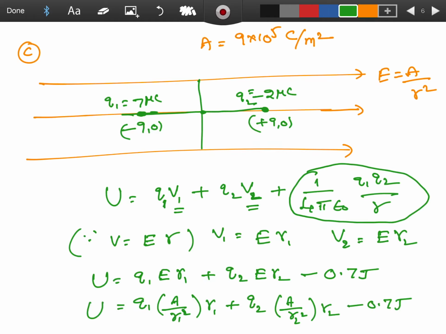Here R1 square, R1 gets cancelled, R2 square, R2 gets cancelled. Next page. U equal to Q1 into A by R1 plus Q2 into A by R2 minus 0.7 joule.